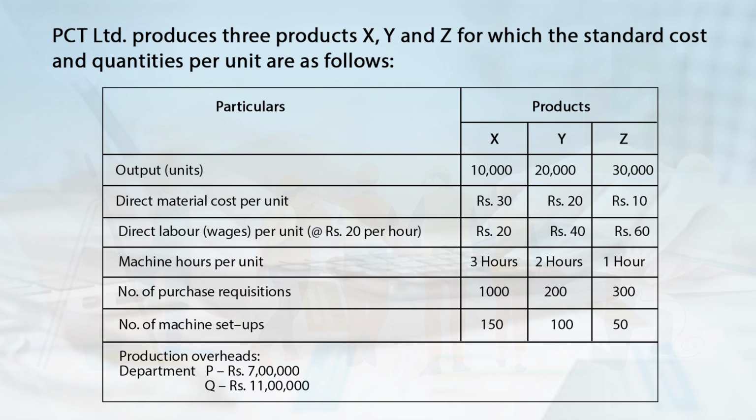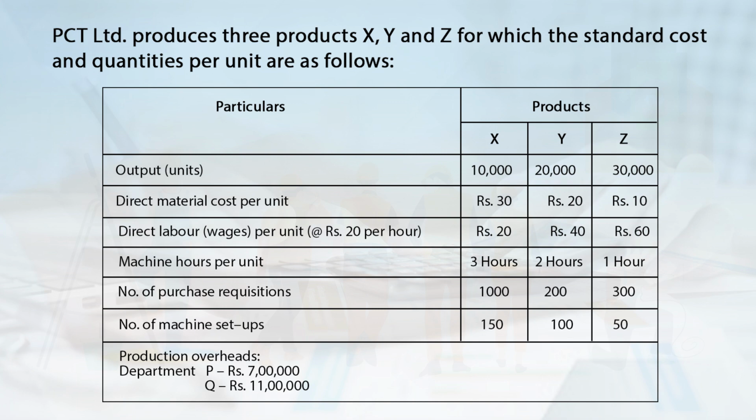Direct labor hours or wages per unit: for product X is rupees 20, for Y rupees 40 and for Z rupees 60, and here the rate is rupees 20 per hour. Machine hours per unit is for product X 3 hours, for product Y 2 hours and for product Z 1 hour. Number of purchase requisitions: for product X 1000, for Y 200, for Z 300. Number of machine setups: for X 150, for Y 100 and for Z 50.